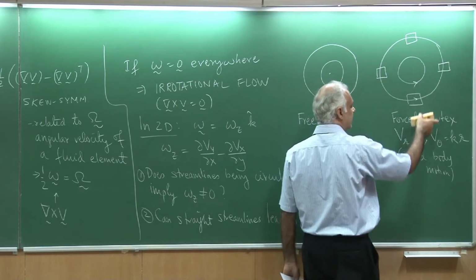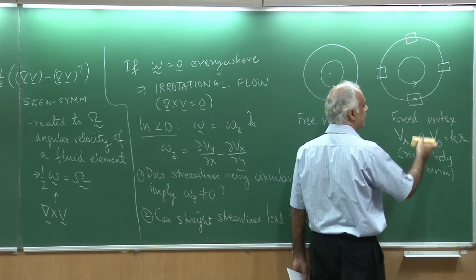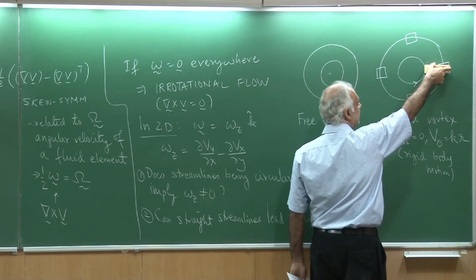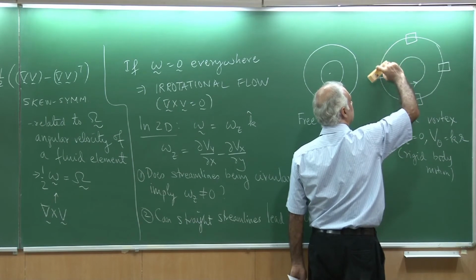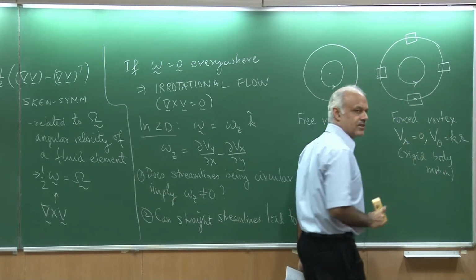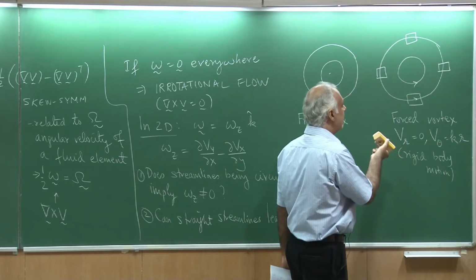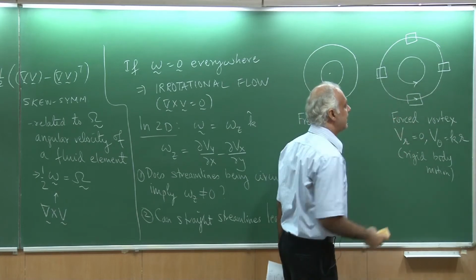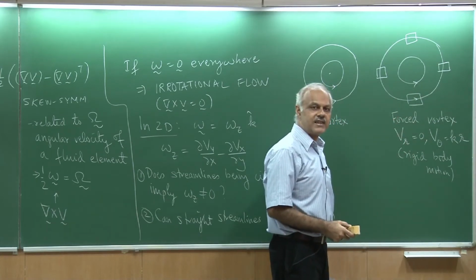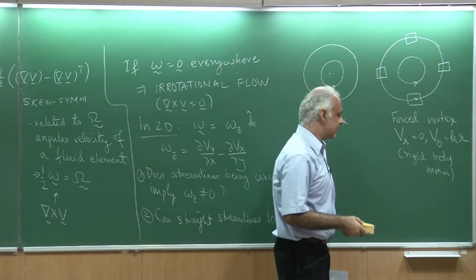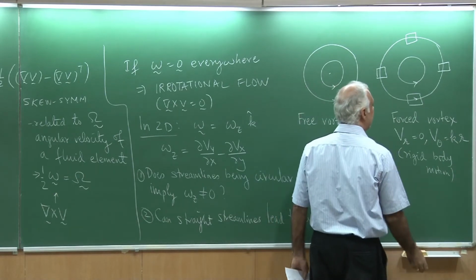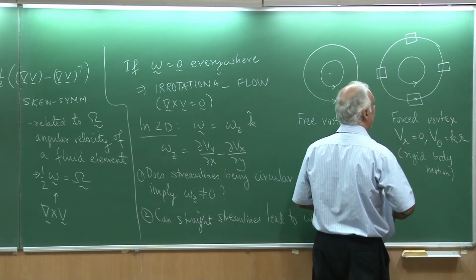In fact, you can check from this velocity field that because it's a rigid body motion, the element goes like this. So when it does one revolution around the central axis, it also does a rotation about its own axis. Let me indicate that with an arrow.